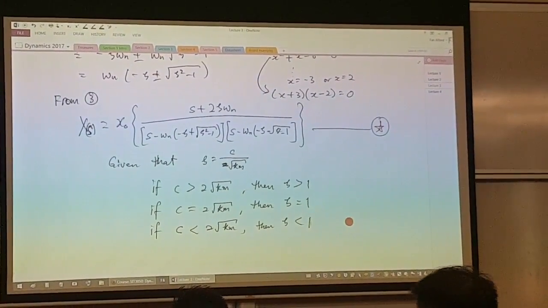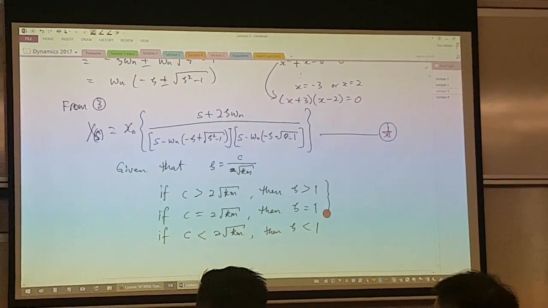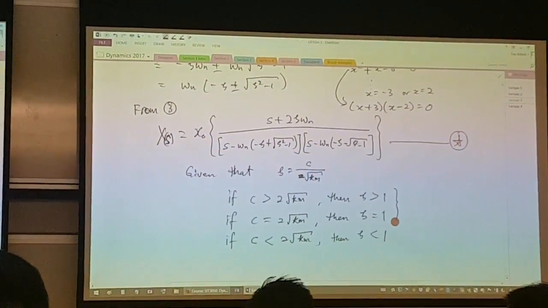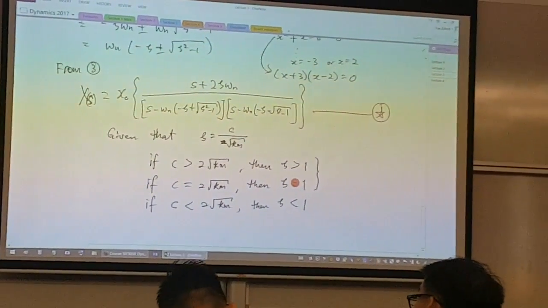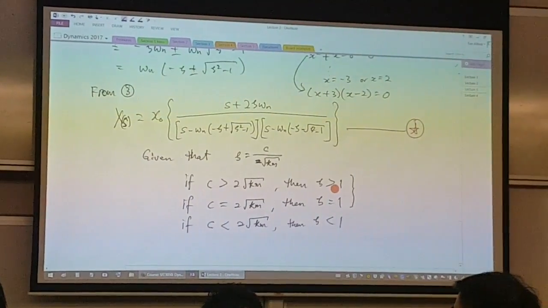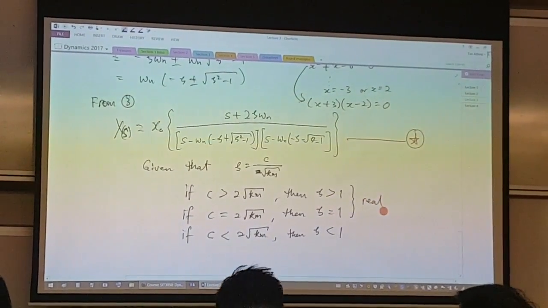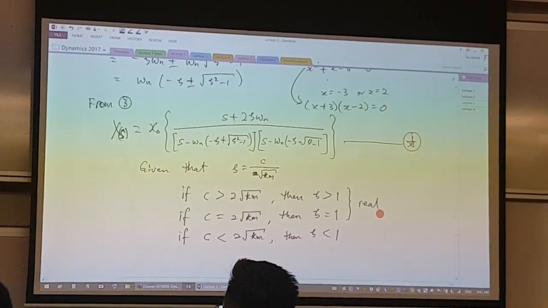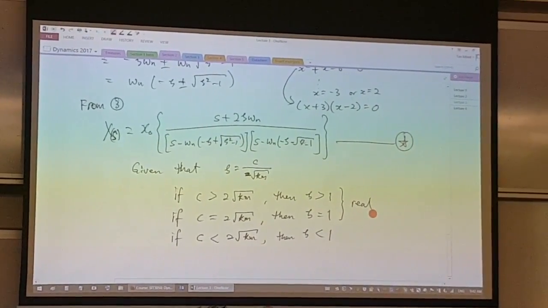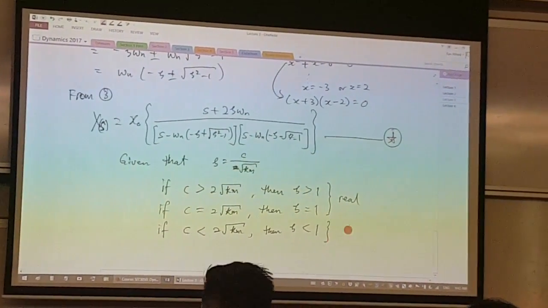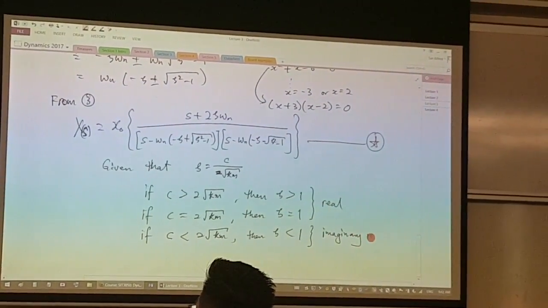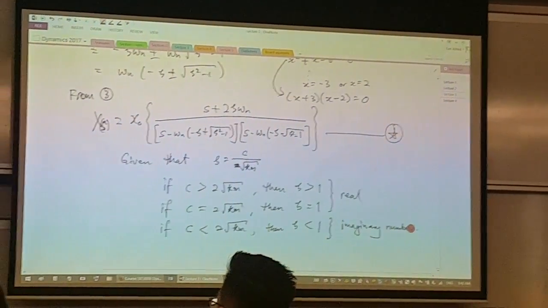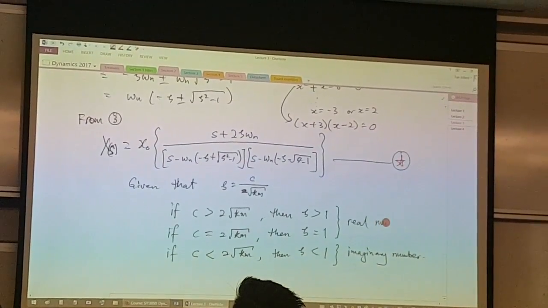These three cases you have learned before in your earlier education. These two cases over here, where zeta is equal to 1 or greater than 1, are called real numbers or real values. This one here will be your imaginary number. That is real number.